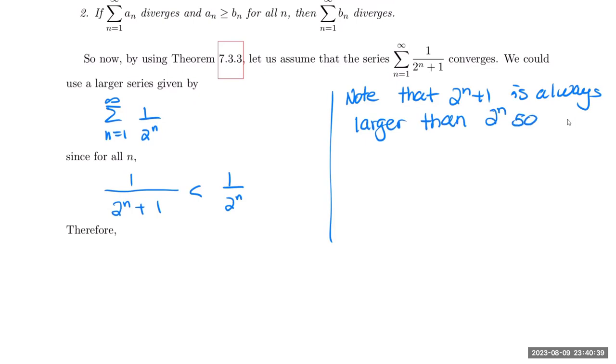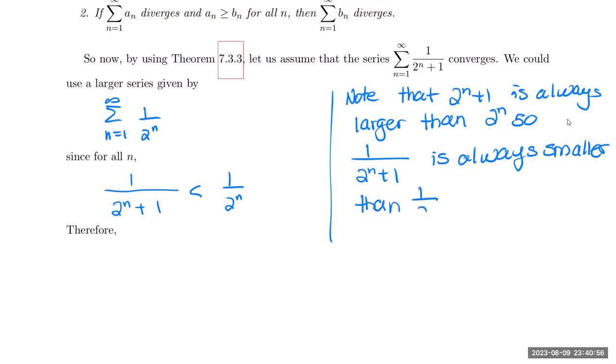So that means the reciprocal of this, 1 divided by 2 to the n plus 1, is always smaller than 1 divided by 2 to the n, right?